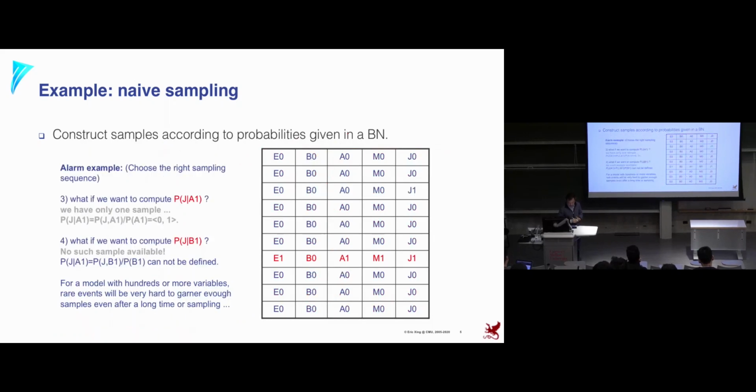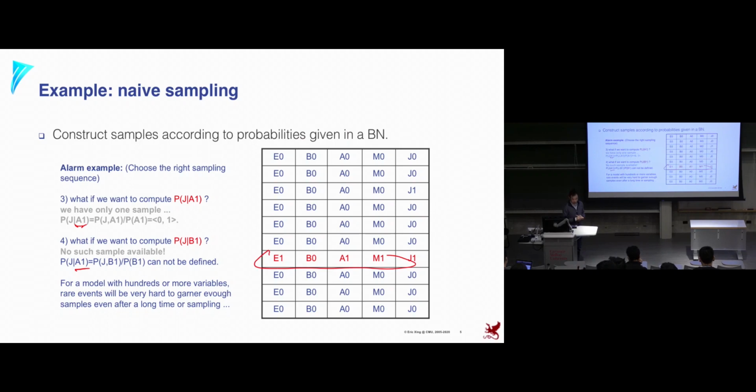Now, I changed my query. I still use the same example. Now my query is about conditioning on the event of A equals 1. In that case, we have only one such row.